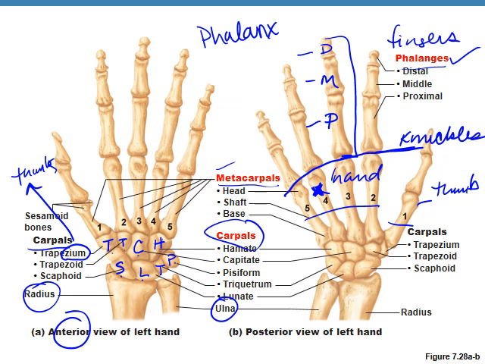All together, they make up phalanges. Again, you can use this to easily denote where a fracture might be located. So if it was here, you would say this is a 5th distal phalanx fracture, and we would know we were automatically talking about your pinky finger all the way at the very end.